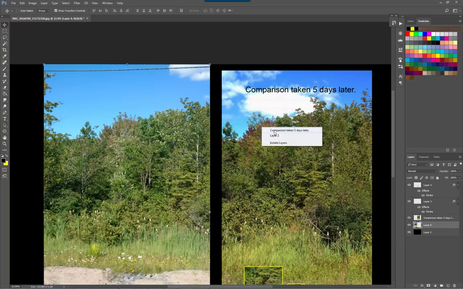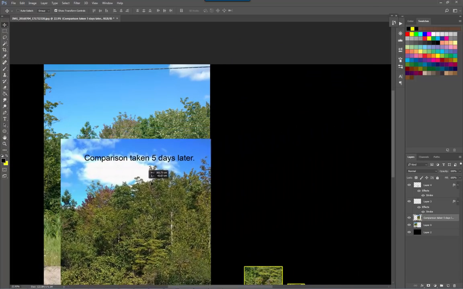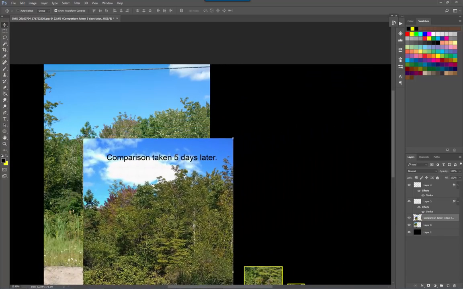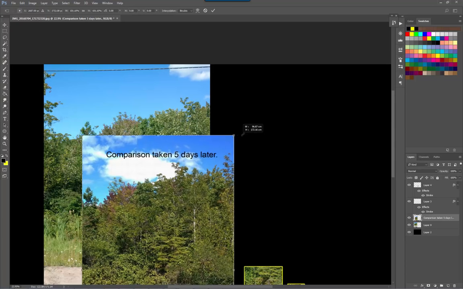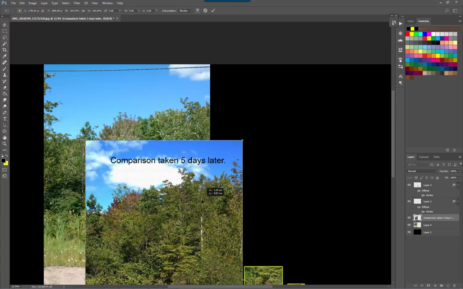Let me just grab the comparison, bring it over here. So this bush is this one, and this area is here, and this one is here. So maybe if I can enlarge that a little bit.